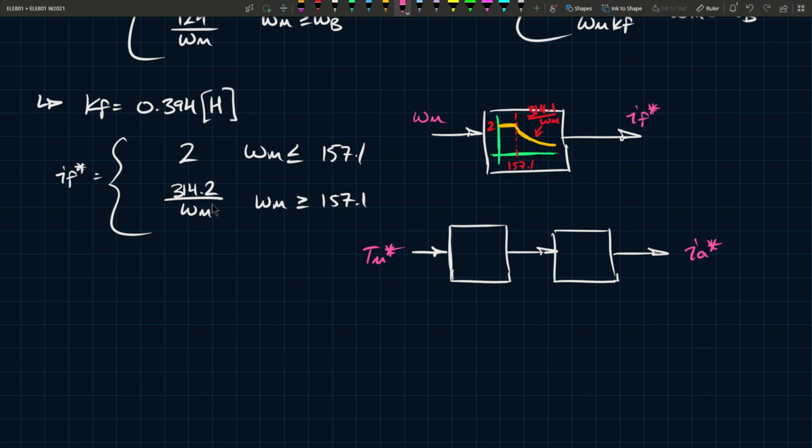In this block you essentially have omega b divided by the rated back EMF, EB.